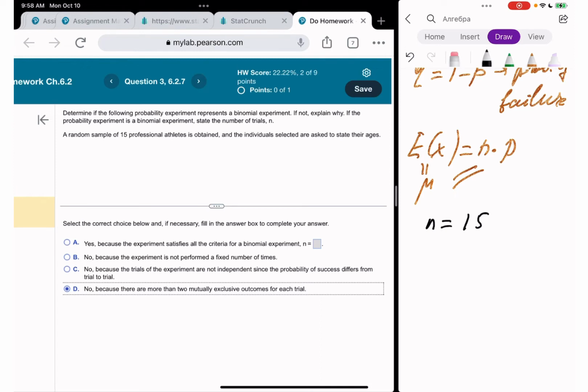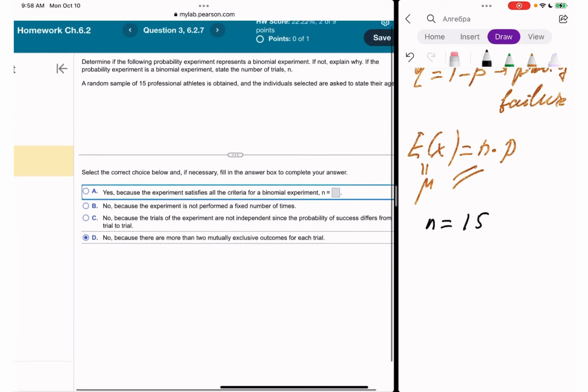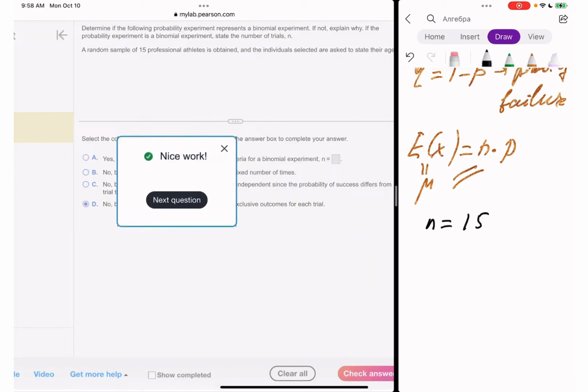So therefore it's not a binomial distribution experiment. So no, because there are more than two mutually exclusive outcomes for each trial. Got it.